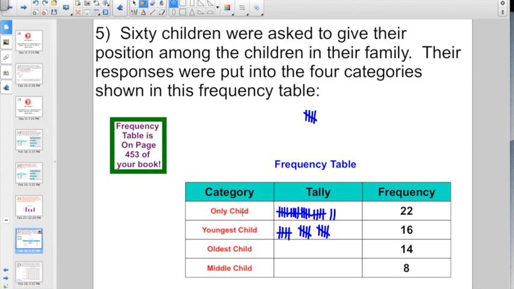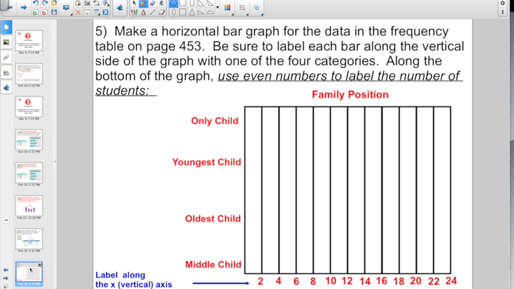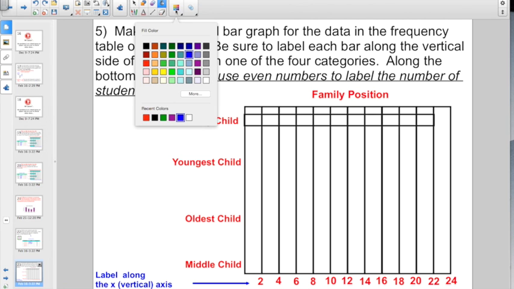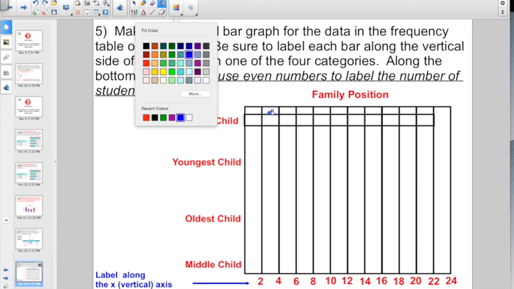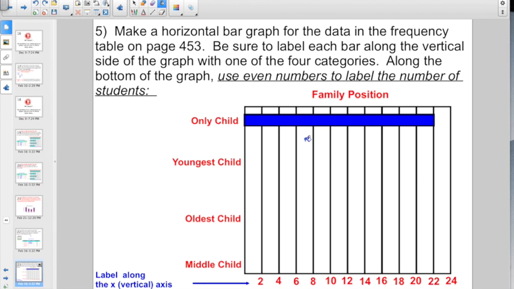The first one I have for only child, 22 kids said they were an only child, right? So line it up nice, neat, and straight. And I would go up to 22, making a horizontal bar graph then, and very neatly going in and filling it in.